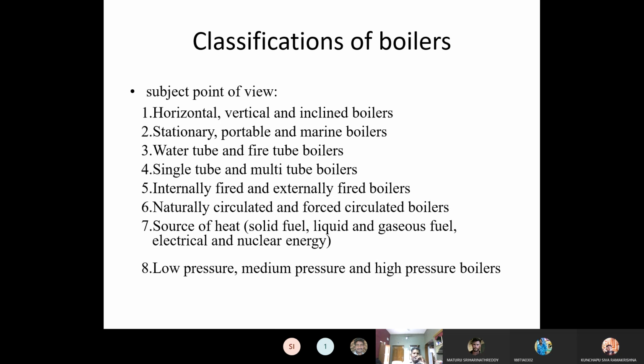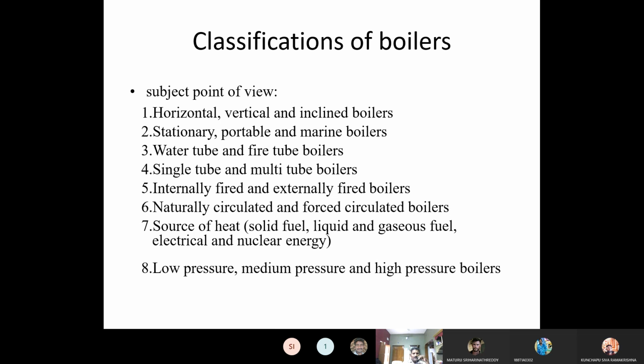In the combustion chamber, tubes are arranged at the top side of the combustion chamber. Once the burning of the fuel takes place, hot gases flow over the tubes, the tubes through which water is flowing. Because of the temperature difference, water in the tubes will be evaporated, and production of steam takes place.